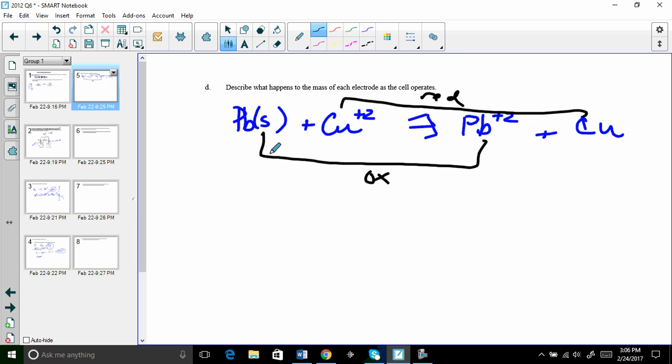So the equation shows the anode is lead.